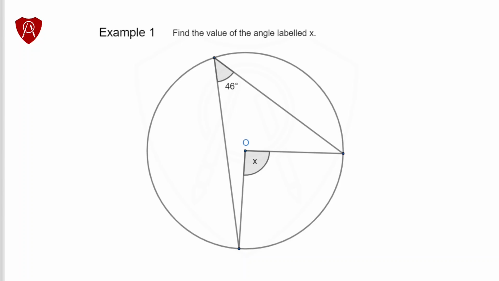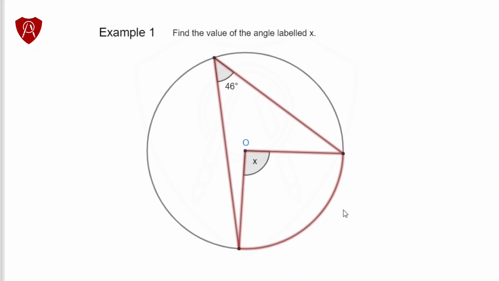Example 1. This question requires you to find the value of the angle labeled x. Would you like to pause the video and attempt to solve it yourself? I hope you did. Let us now continue. By tracing the legs of each marked angle, we note that both angles are subtended by this arc.